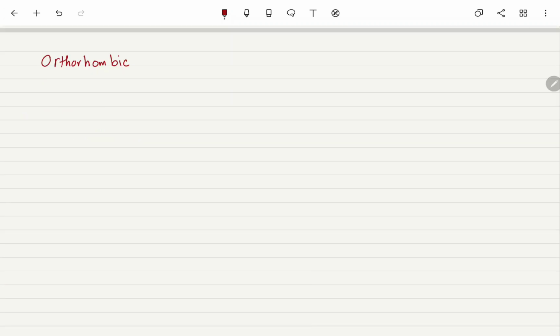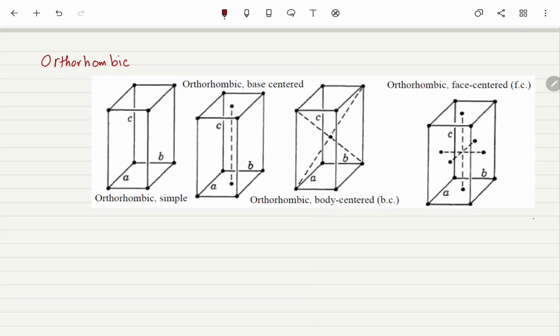Orthorhombic has 4 types of Bravais lattices: the simple one, base centered, body centered, and face centered. Now this is the simple one, and A does not equal B, not equal C, but the angles are 90 degrees.